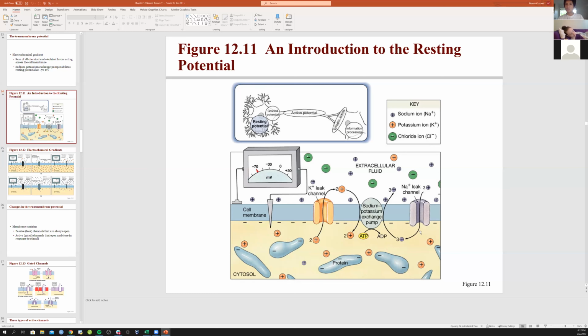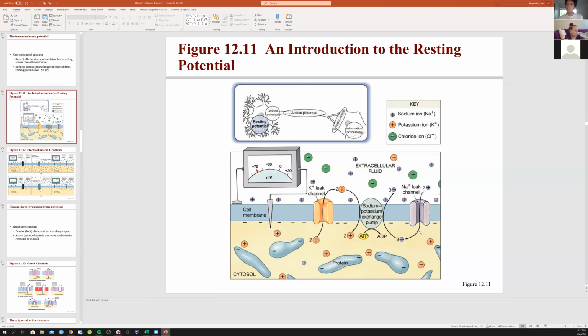A voltage gated channel, its name is fairly descriptive. It's a channel and it's gated by voltage. It means that whenever it reaches a specific voltage, that's when it opens or closes.